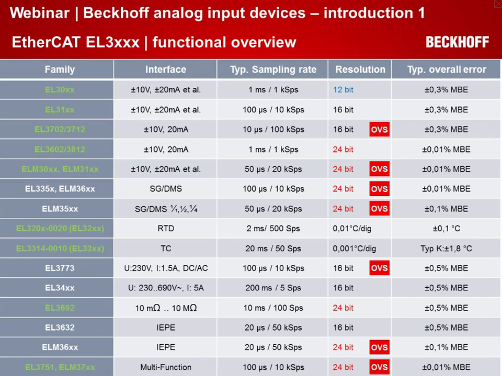to get this data and then have the calculation in TwinCAT on the IPC side. For temperature measurement, RTD and thermocouples, we have a lot of devices. Here are listed the devices with the very high accuracy. And then in the next family we have our power measurement modules for 230 volts up to 690.